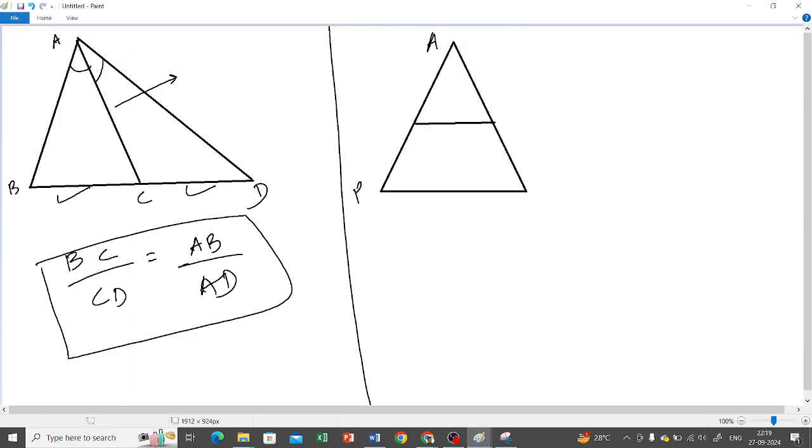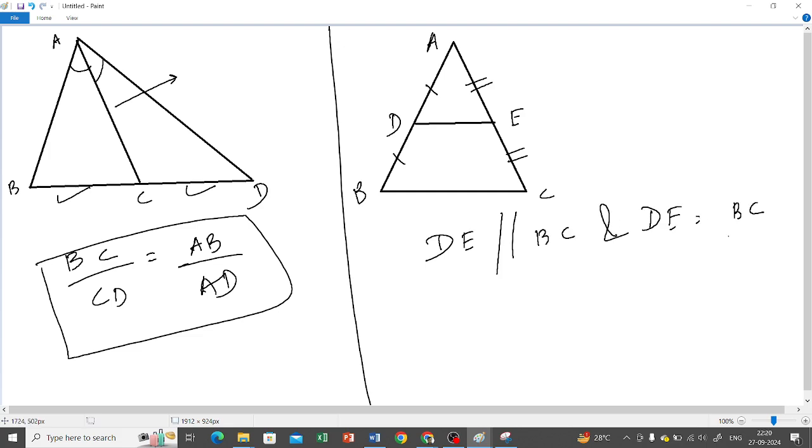It is given that D is the midpoint of AB and E is the midpoint of AC. Then, according to midpoint theorem, DE will be parallel to BC and DE will be half of BC.